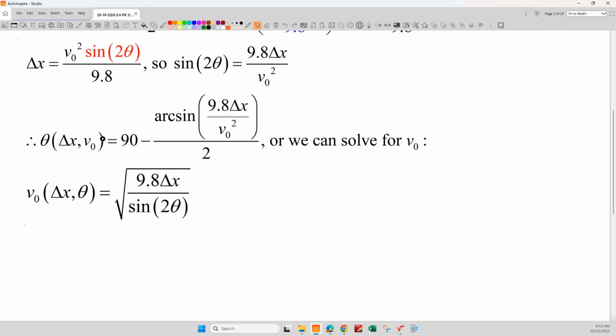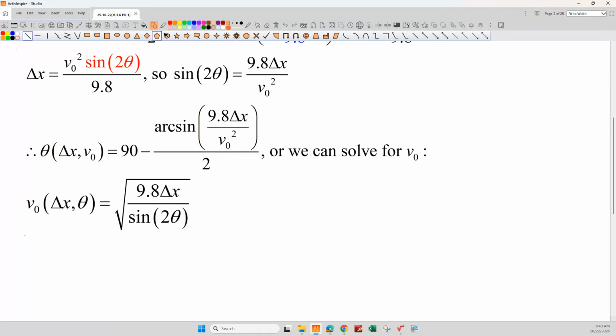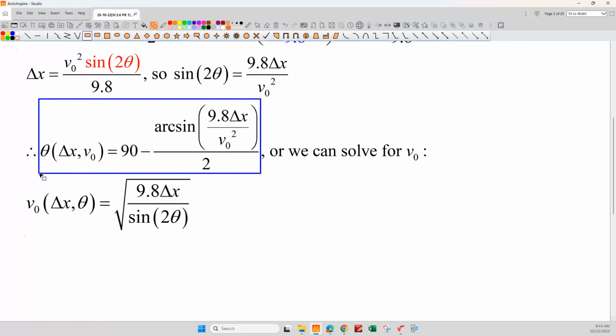Let's start off, we were playing this game. We wanted to pick an angle, right? So all I have to do is just use this formula, let's see, right here. Just that formula right there.